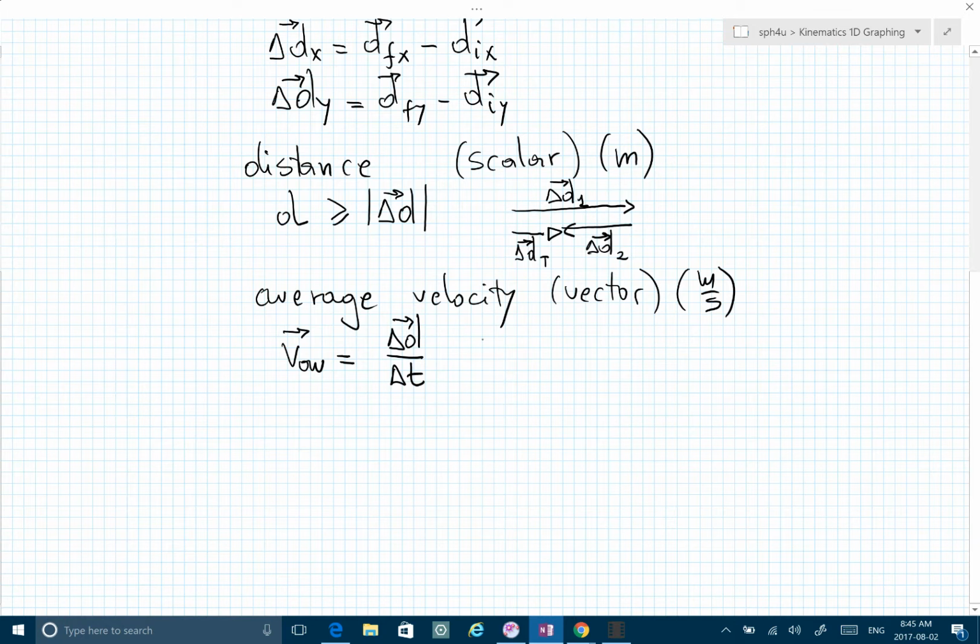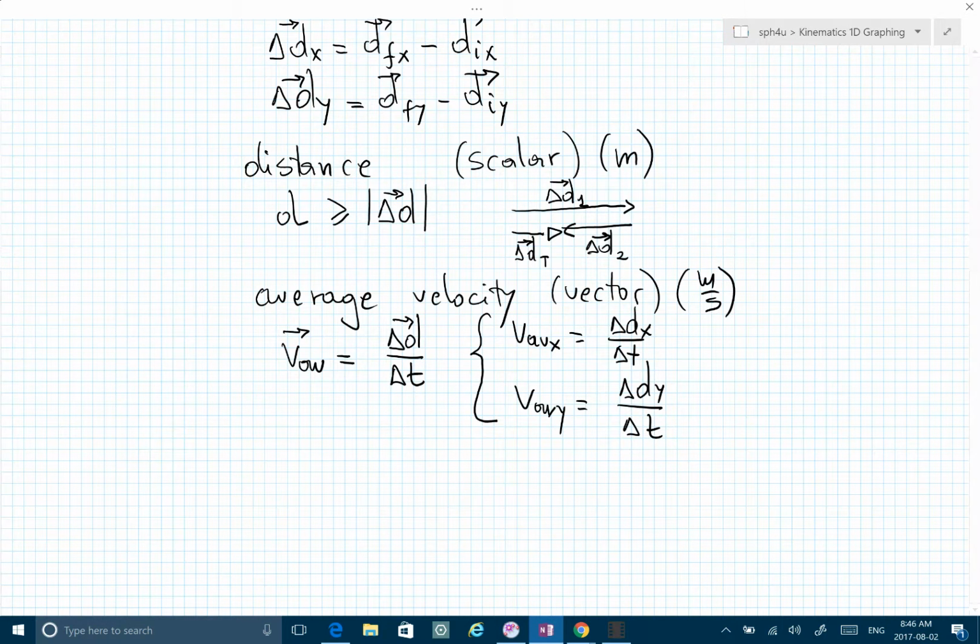All right, the same idea. I'm going to use a curly bracket from now on. The x component is going to be delta dx over delta t, and the y component is going to be delta dy over delta t in case we're in a two-dimensional world.